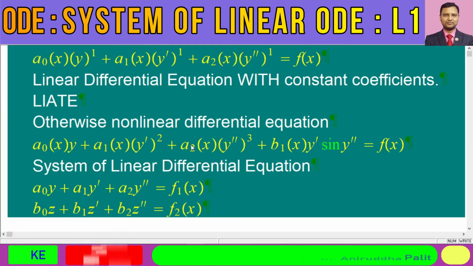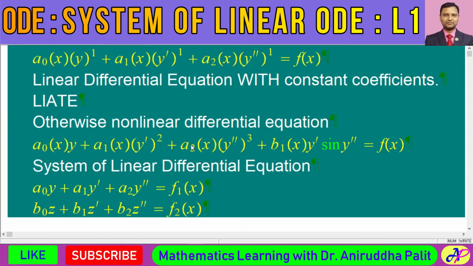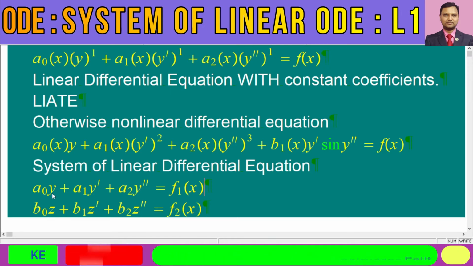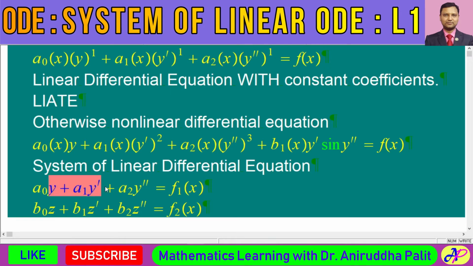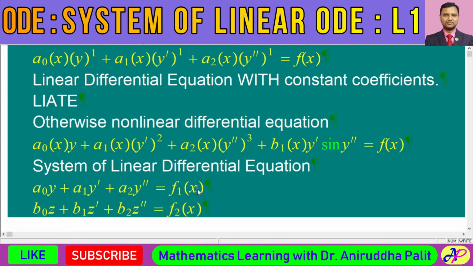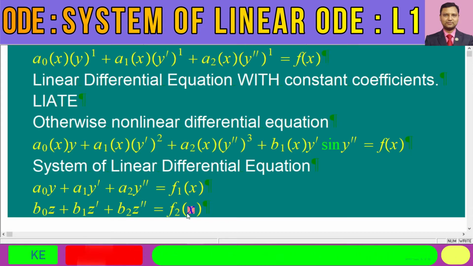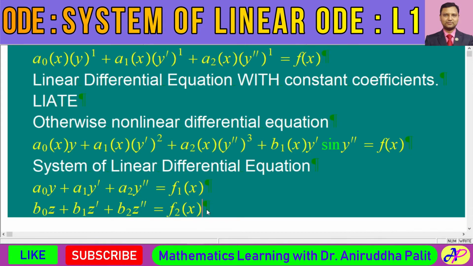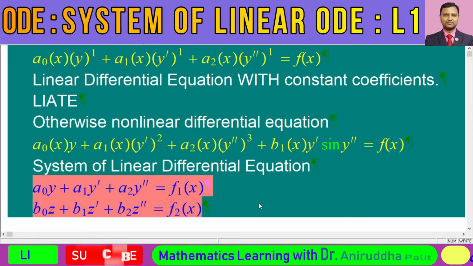Suppose we have two differential equations, and in these two differential equations we have this kind of expression. Over here y is the dependent variable, and over here z is the dependent variable. Only one independent variable x is there.